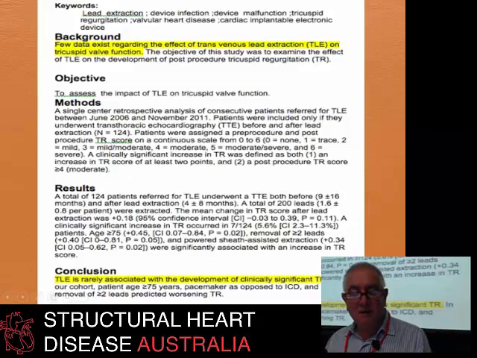But they didn't think that essentially it was clinically significant in most patients. What they found in this group that had an increase in their tricuspid regurgitation was that removal of more than 2 leads and power sheaths such as a laser were associated with an increased risk of tricuspid regurgitation.